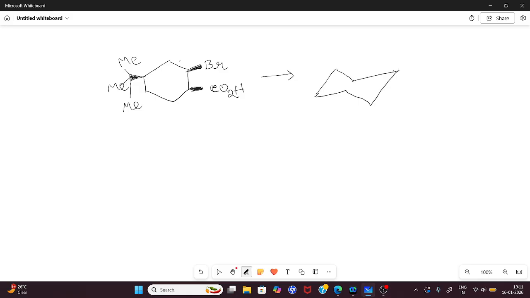you see this particular bromine, it is in the axial position, and this particular CO2H is also in the above-the-plane position. And here the proton is in the anti-parallel or anti-axial direction to the bromine group.